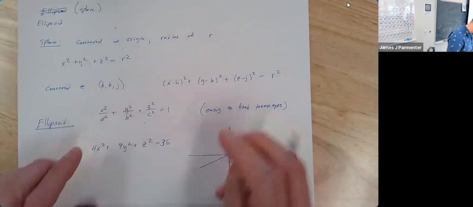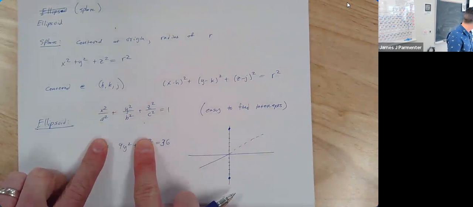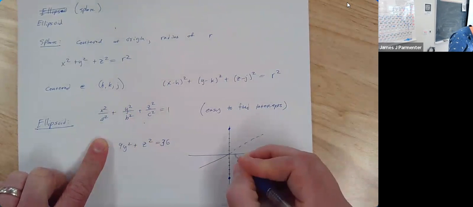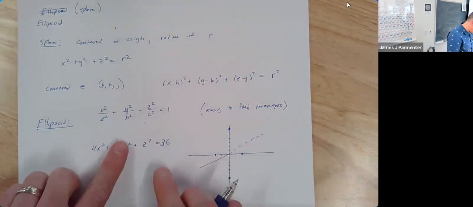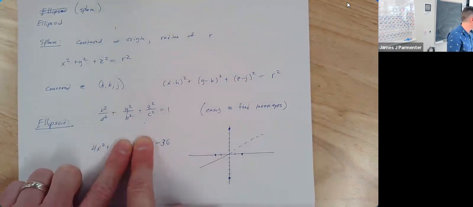And if I set x and z equal to 0, my y-intercepts are going to be plus or minus 2. And if I set y and z equal to 0, my x-intercepts are going to be plus or minus 3.